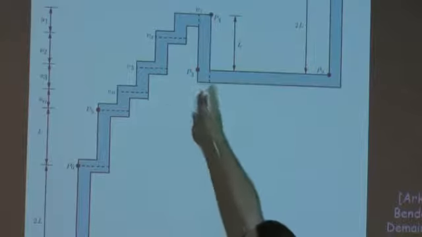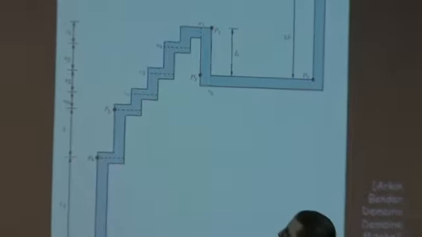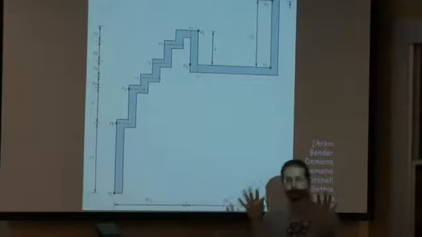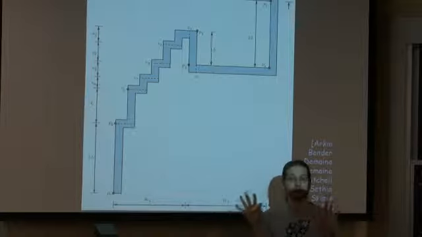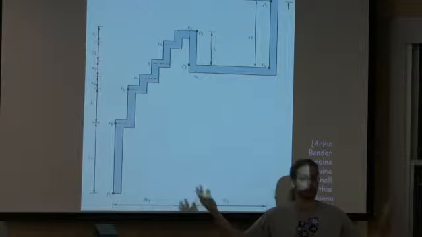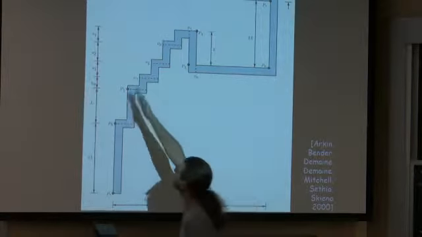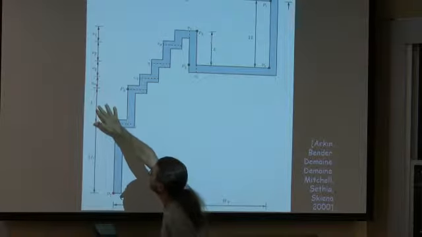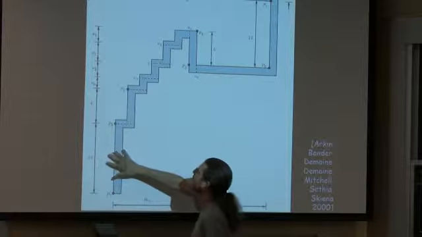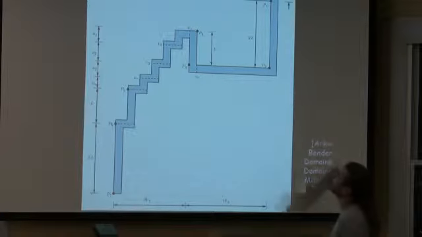So the lengths in the top part of the staircase are integers. We want to somehow divide those into equal halves. And when I have two halves, I'm going to suppose that their sum is L, capital L. I can just add them all up. I should get 2L. I divide by 2, I get what the target sum is. So I know ahead of time, without solving the partition problem, what L ought to be and what twice L ought to be. And then I build this frame over on the right whose height is exactly twice L.